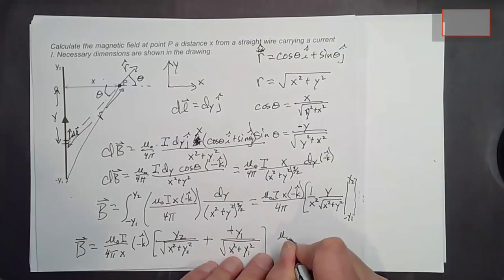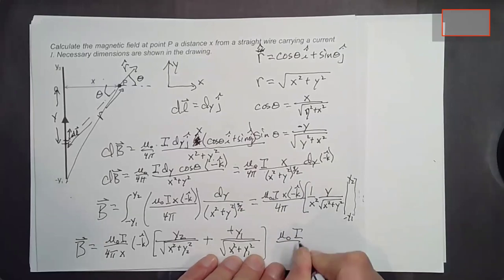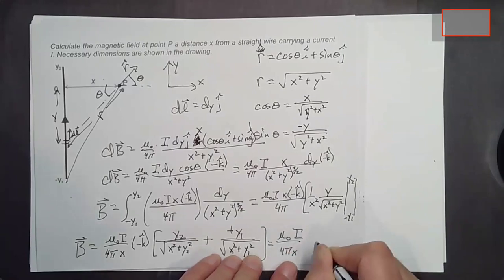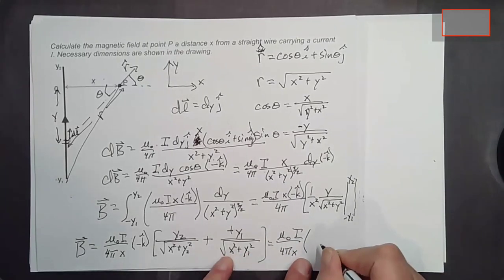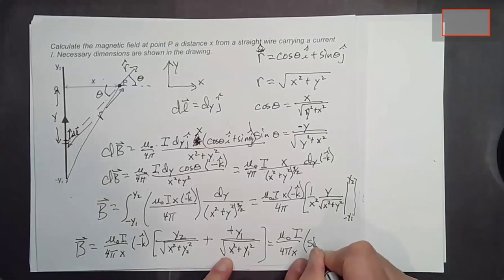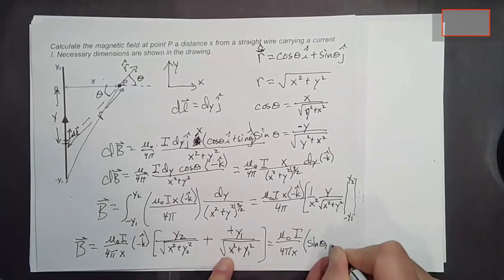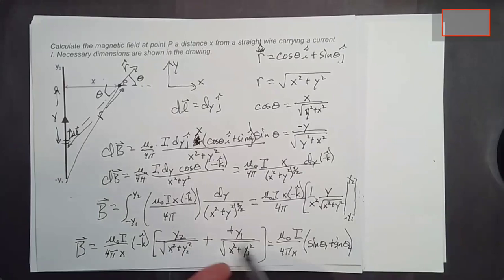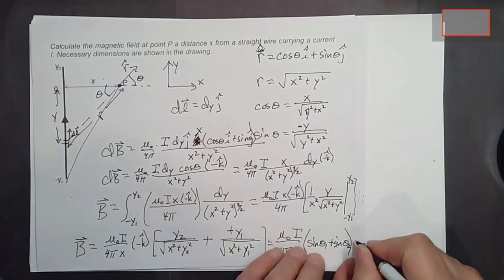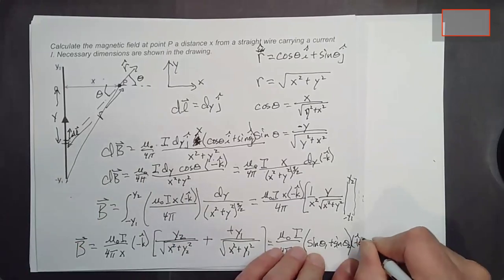It turns into mu naught I over 4 pi x in the minus k hat direction, but I'm going to stick that out at the end. But it ends up being the sine of theta 1 plus the sine of theta 2. And I swapped the order of addition here, but it's commutative, and it's in the minus k hat direction.